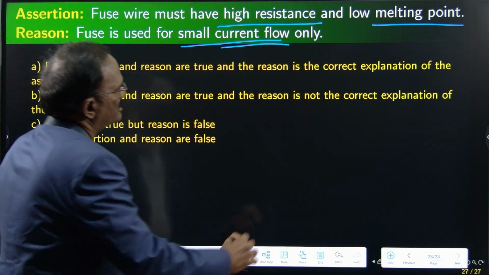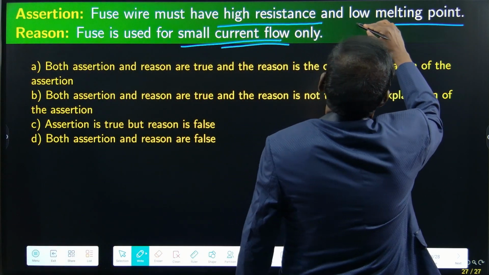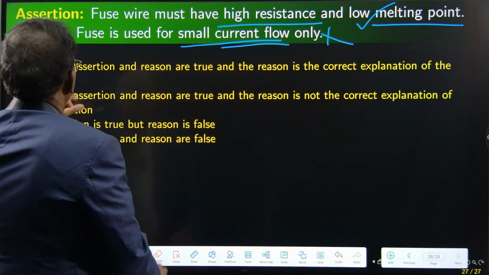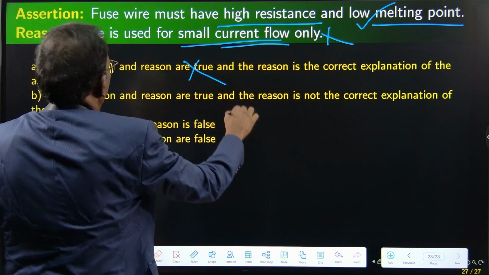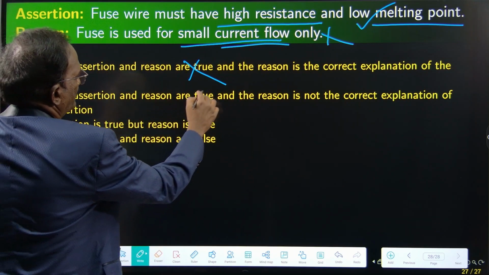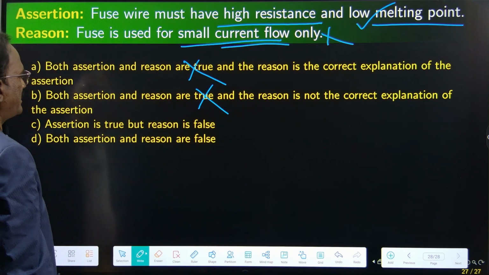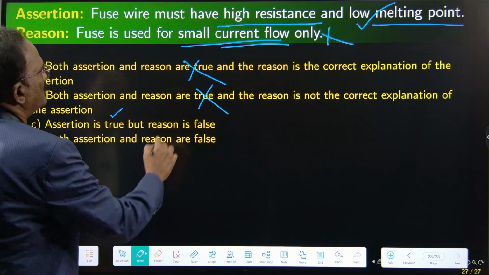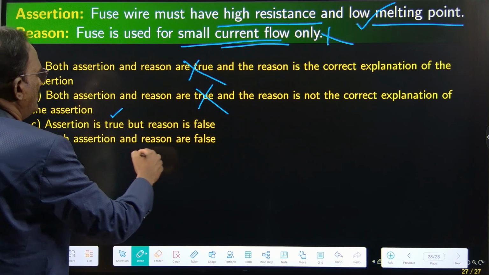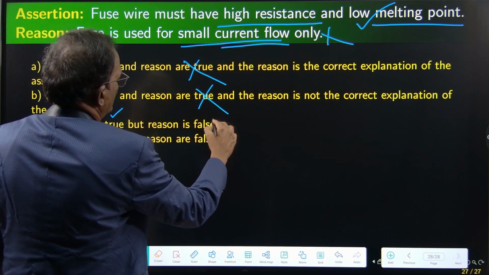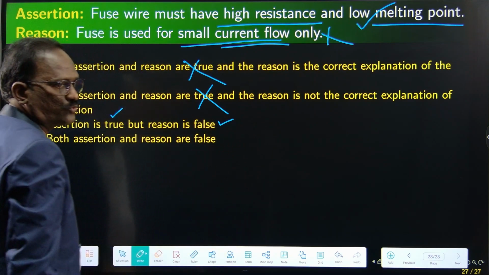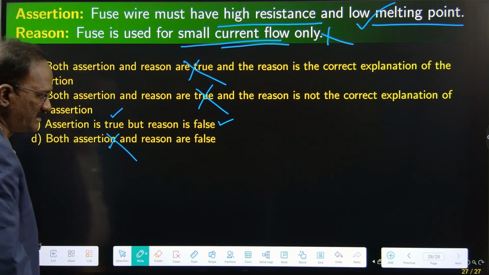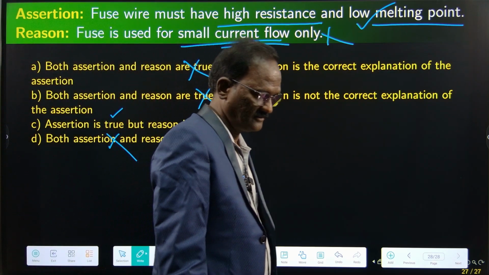So the assertion is true and the reason is false. Both being wrong is not the right answer. So option C is the right answer.